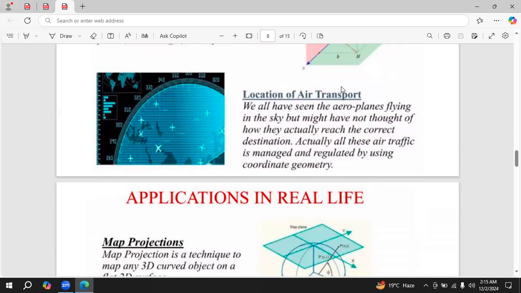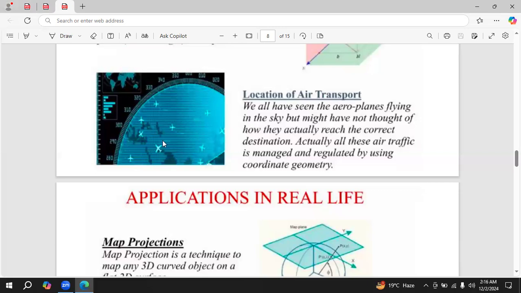As we all have seen airplanes flying, but we might not even have a thought about how it actually works, how the planes navigate. Their air traffic navigation is basically managed through this coordinate system.